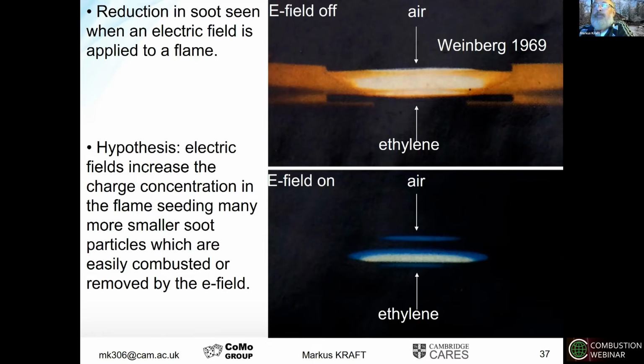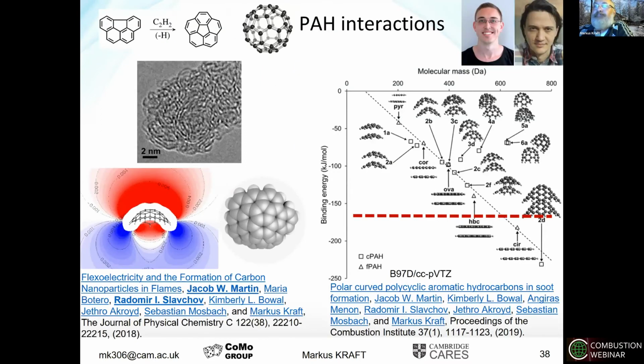This is where my student Jake Martin, together with Radomir, started looking at curved PAHs. It was clear that if you include 5-member rings, you start curving a PAH, and the most prominent example of such a curved 5-member ring, 6-member ring structure is the Buckminster fullerene, which you see up here.